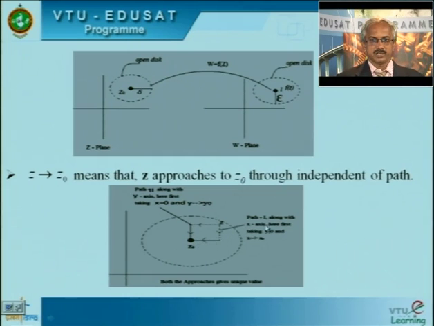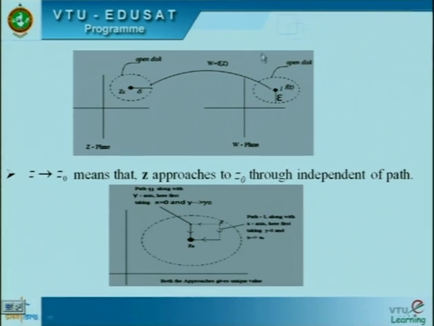In that situation, I have to take y is equal to 0 and x approaches x naught. For the other path, we take the path parallel to the y axis. In that case, we take x is equal to 0 and y approaches y naught. This way we find the limit of the complex variable z approaching z naught.